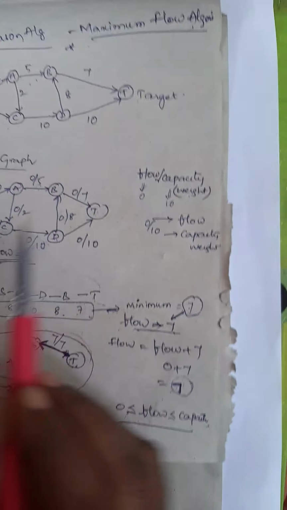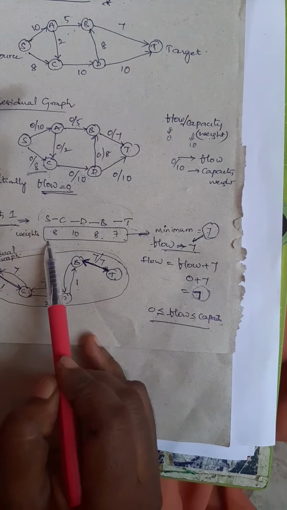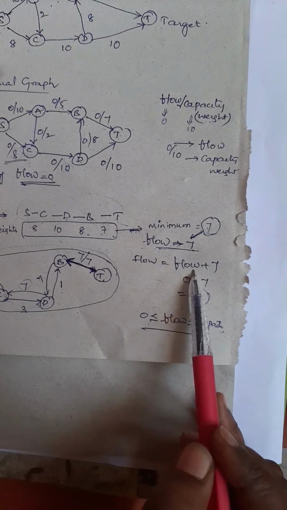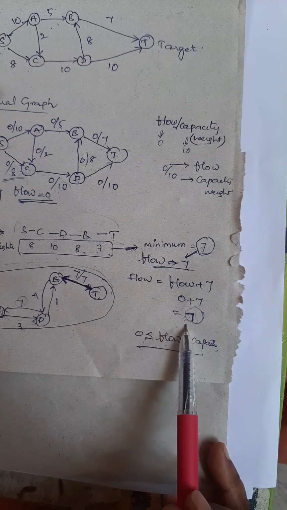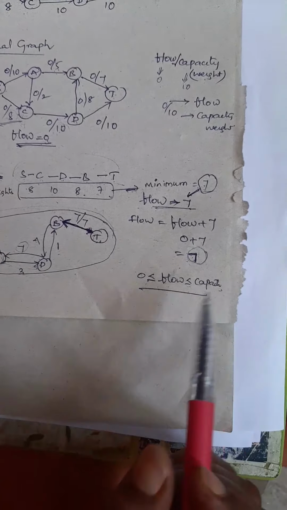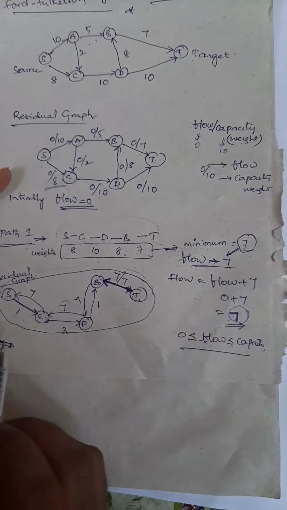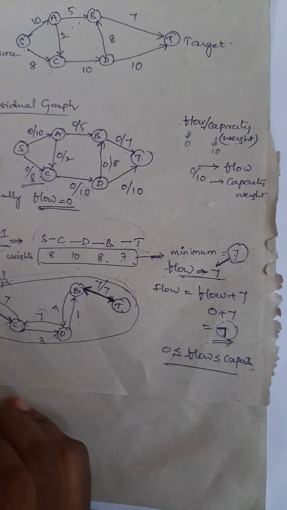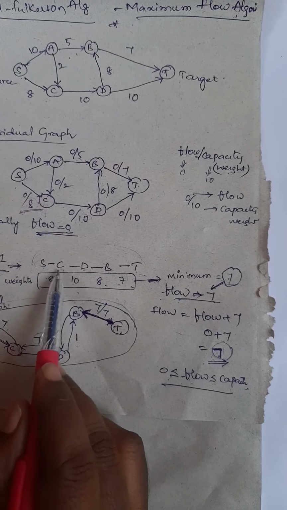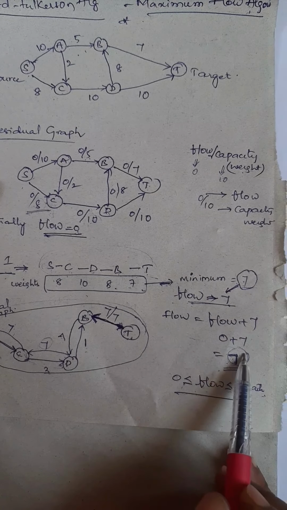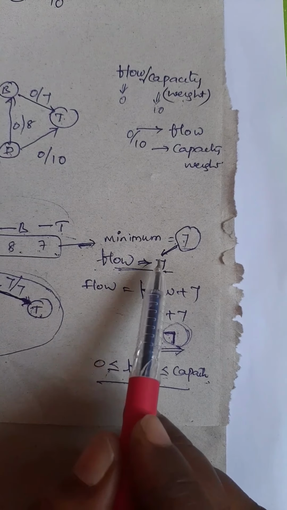In the previous iteration, we considered the flow value to be 0 initially. So in path 1, flow is equal to flow plus 7, so we get a flow value of 7. After deriving this flow value, we construct the residual only for this path. S to C the weight is 8, but the minimum flow value in this path is 7.